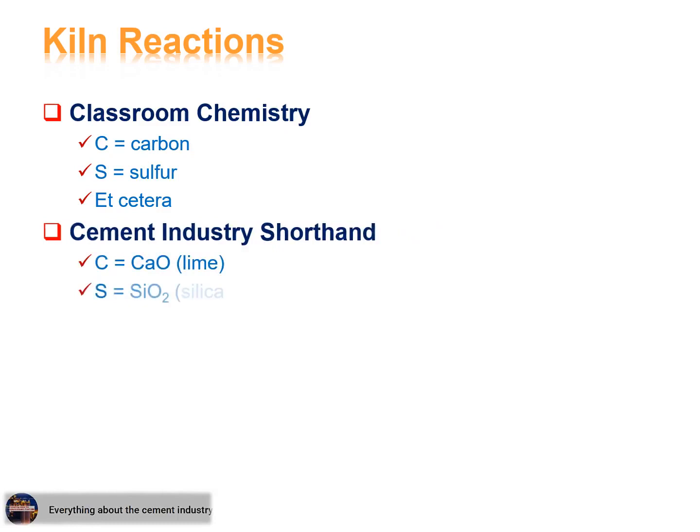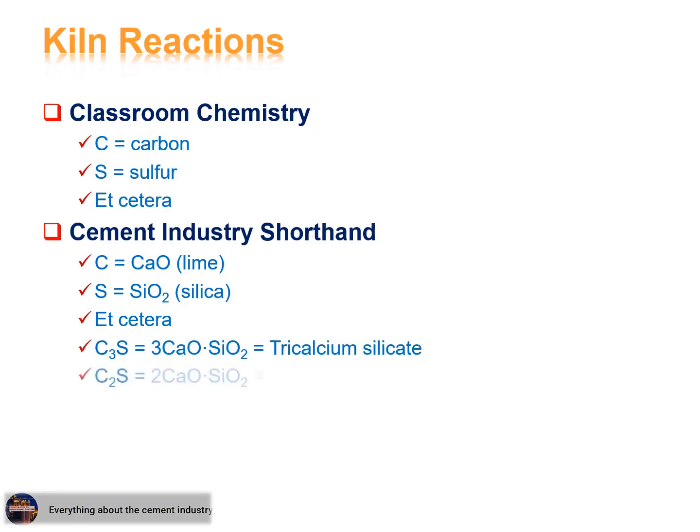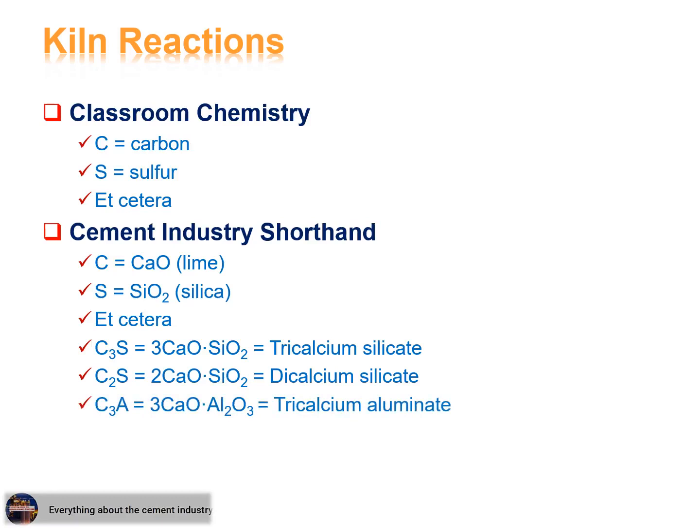S equals SiO2, silica, etc. C3S equals 3CaO·SiO2, tricalcium silicate. C2S equals 2CaO·SiO2, dicalcium silicate. C3A equals 3CaO·Al2O3, tricalcium aluminate. C4AF equals 4CaO·Al2O3·Fe2O3, tetracalcium aluminoferrite.